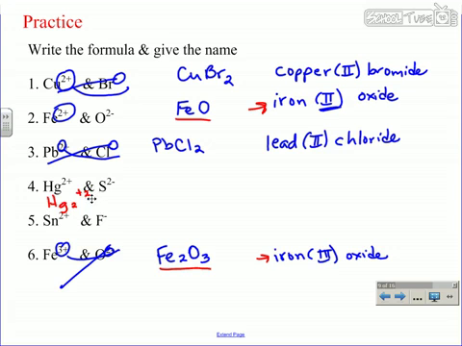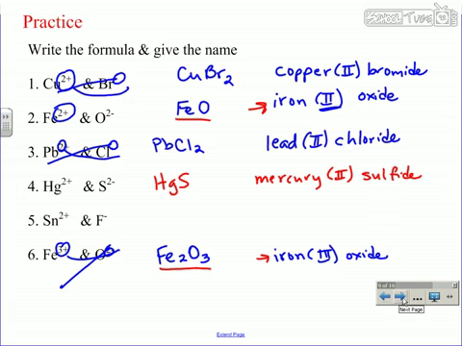So it's written a little differently. So just pay attention to that for mercury. This would be just HgS, mercury, Roman numeral 2, sulfide. Mercury is kind of unique there in how it forms its ion.